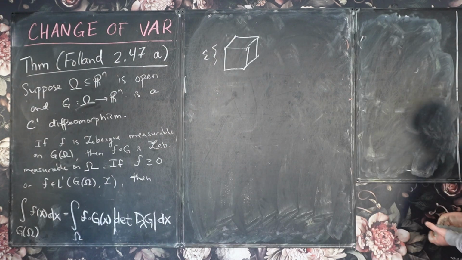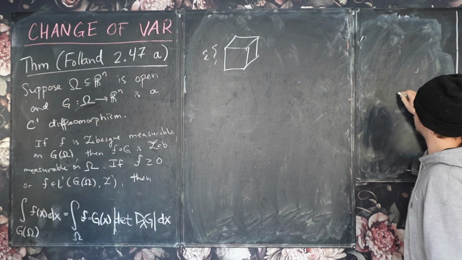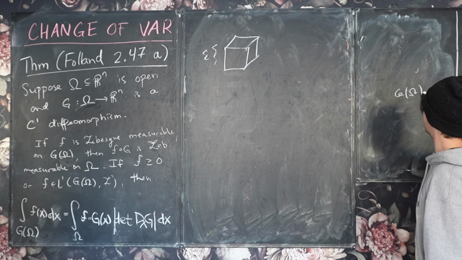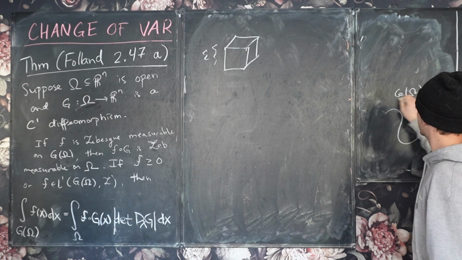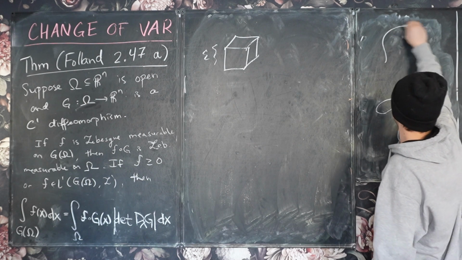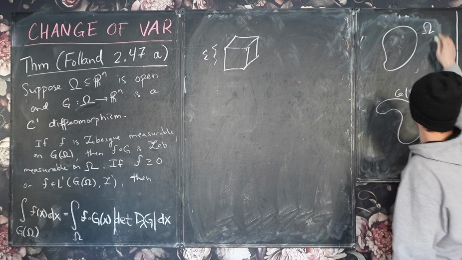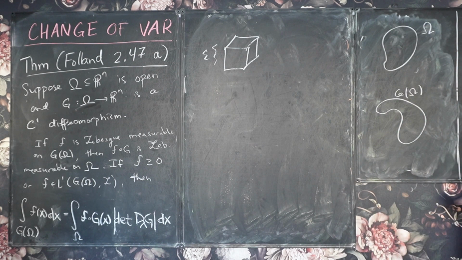In fact, F is defined on G of omega, not omega. So let's say this is G of omega, and omega is here. F is defined on G of omega, and this is sending us into the real numbers.